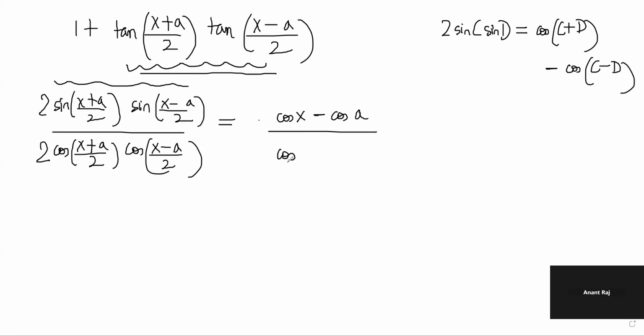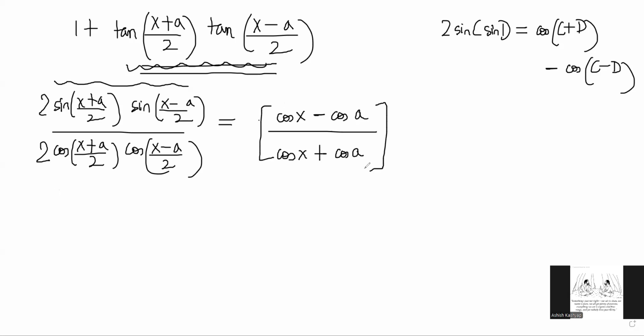Yes sir. So when you do plus, you will get x plus cos of (c minus d), you will get a, correct? Yes. So basically, what you're getting is this ratio is simply this, right?